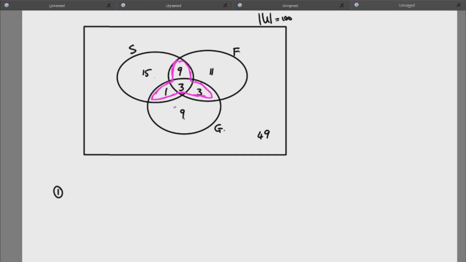Not a very pretty flower, but there it is. Does anyone agree? One or more. So then, I'm going to remove the color because we have more questions. It's as simple as adding them up. 1 plus 3 plus 3 plus 9 to get 16.